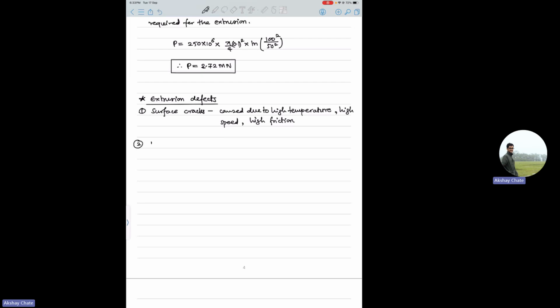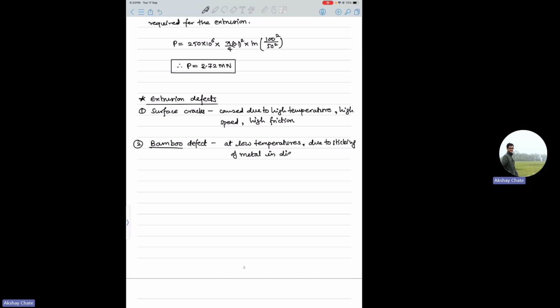Second, you have bamboo defects. It's again a very unique name. In many exams, they just mention that bamboo defects is observed under which metal forming process. So extrusion is the answer. And it happens at low temperatures. So basically in cold extrusion methods at low temperatures due to sticking of metal in die.